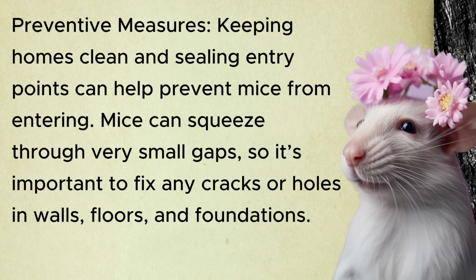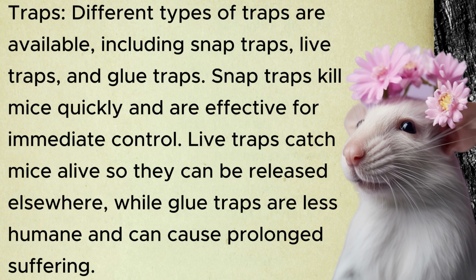Mice can squeeze through very small gaps, so it's important to fix any cracks or holes in walls, floors, and foundations. Traps. Different types of traps are available, including snap traps, live traps, and glue traps.